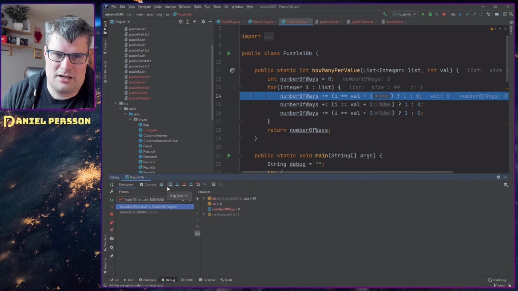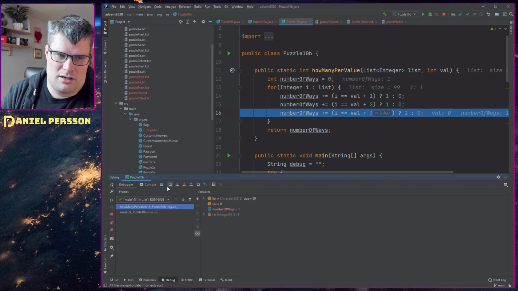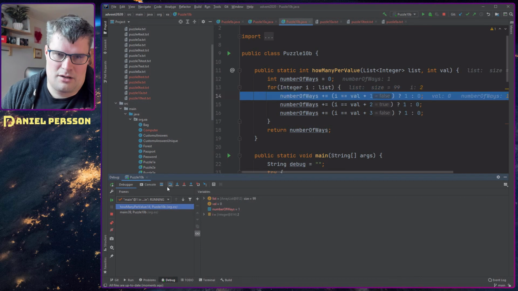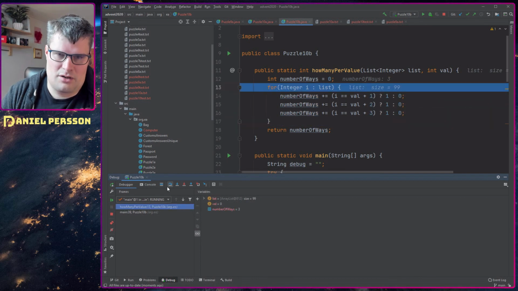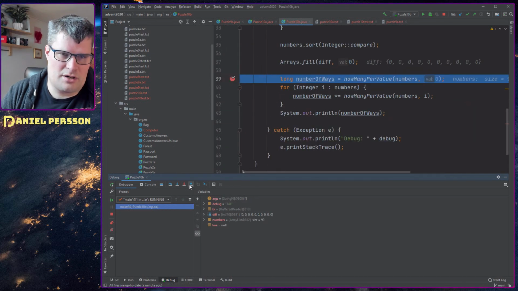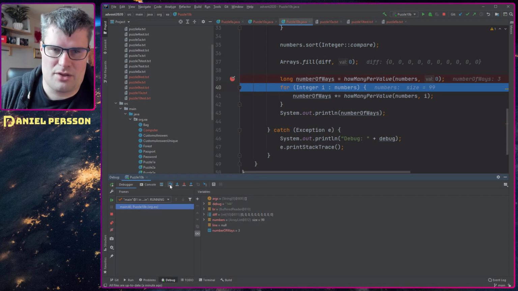Let's see, the i is 1, so here it's true. So number of ways should be 1. Okay. Then 2, so then it's 2, and 3. So this should return 3 ways. The number of ways is 3.